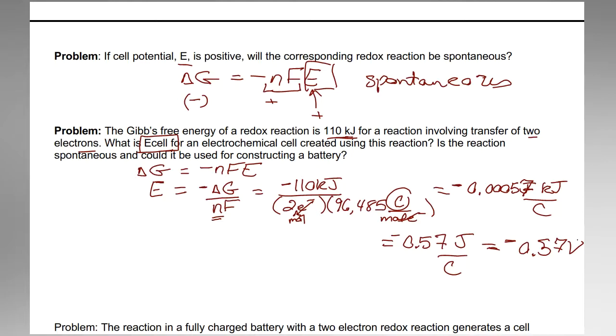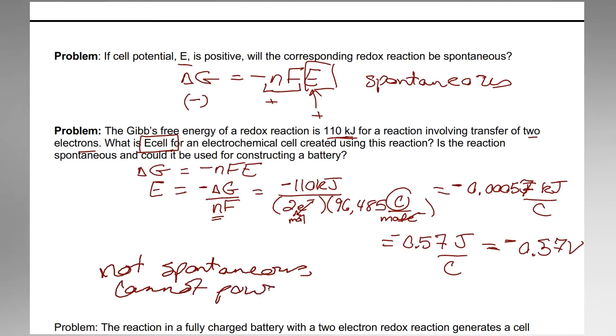Do you ever buy a battery with a negative voltage written on the side of it? Absolutely not. And so we immediately recognize this is not spontaneous. Cannot power a battery. Just like in the last lesson, we talked about water running from high potential to low potential.